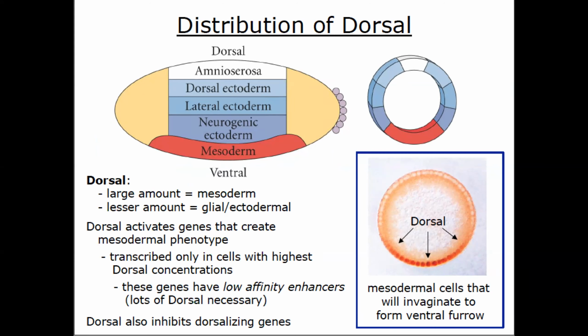Snail, twist, and rhomboid actually have the lowest affinity enhancers, which is why they're going to be activated only in cells which have the highest concentrations.